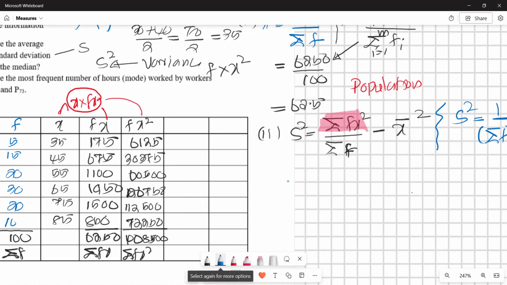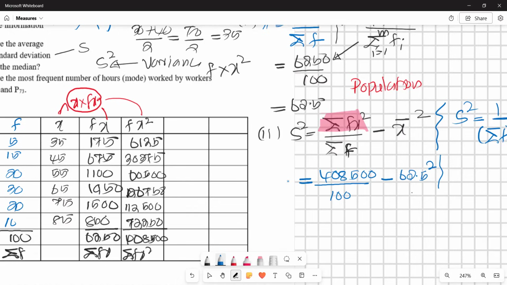This is sigma fx², 408,500, divided by sigma f, 100, minus 62.5 to the power 2.